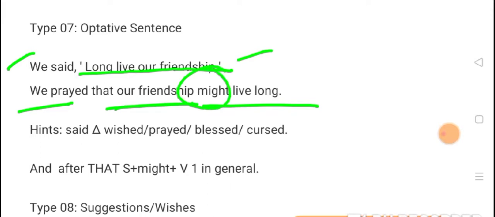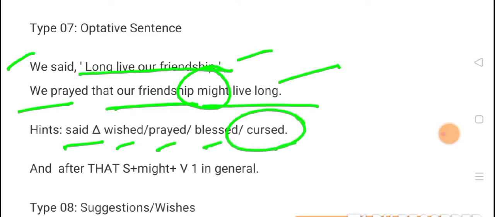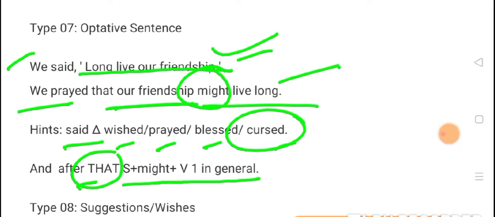So "may" will be changed into "might", live long. Hence "said" will be changed into wished, prayed, blessed, cursed. If there is some curse, you have to use "cursed". She cursed, I cursed, they cursed, like that. After writing that, you have to use subject plus "might" plus V1 in general.